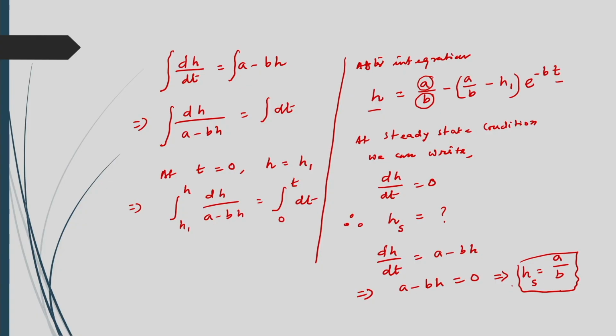In this way you can calculate the steady state height of the liquid inside the column. So, this is one example of this unsteady state material balance equation.